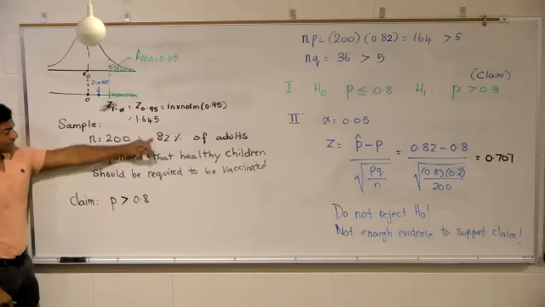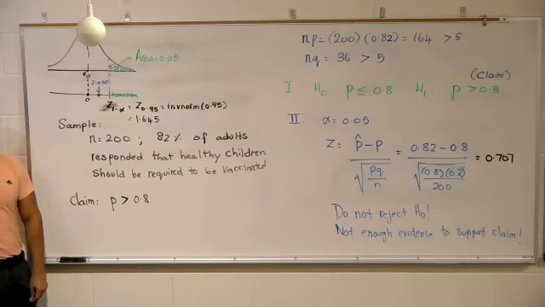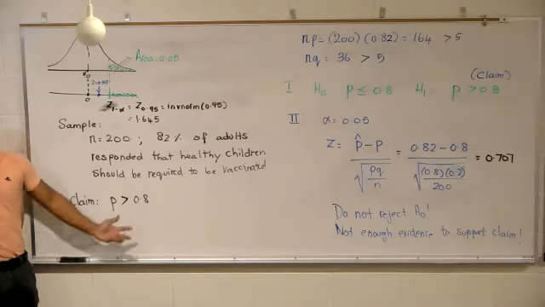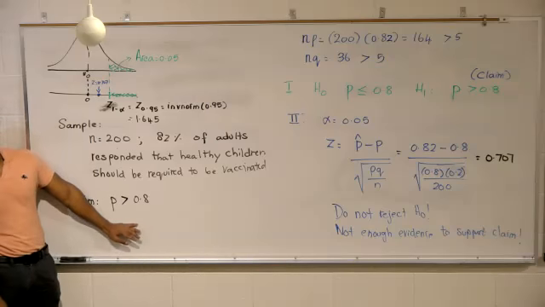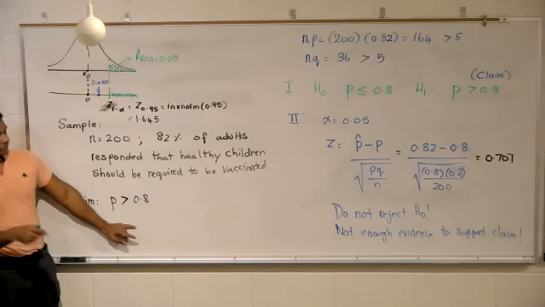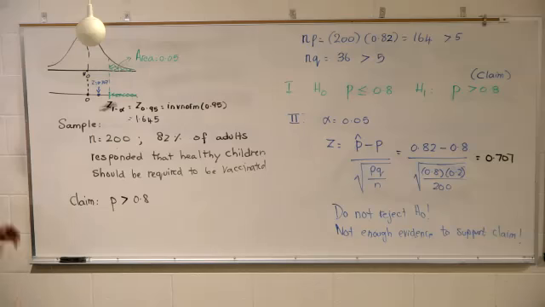Is 0.82 bigger than 0.8? Yes, but we did not agree to the researcher's claim. Why? Because it is based on one sample and we have to account for randomness.